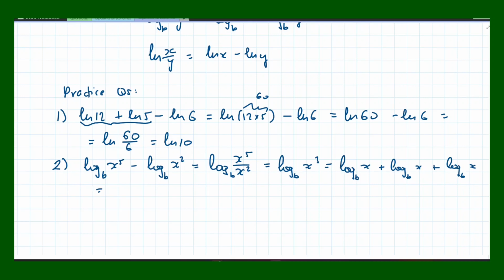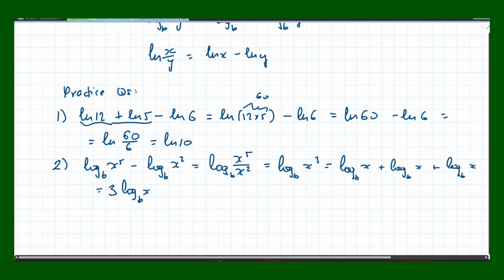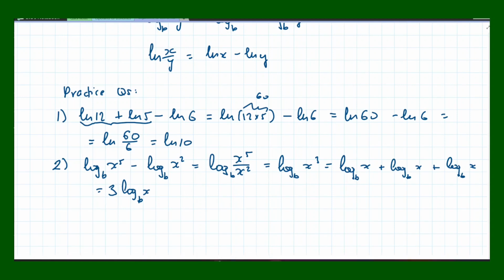So this is just equal to 3 times that one value, log base b of x. One way you can think about it is to replace log base b of x by an apple. I have an apple and another apple and another apple. I've got 3 apples. So this expression can be replaced by 3 times log base b of x.